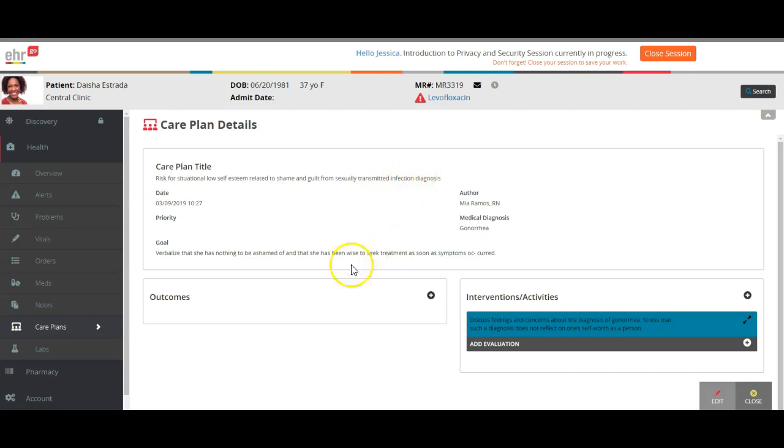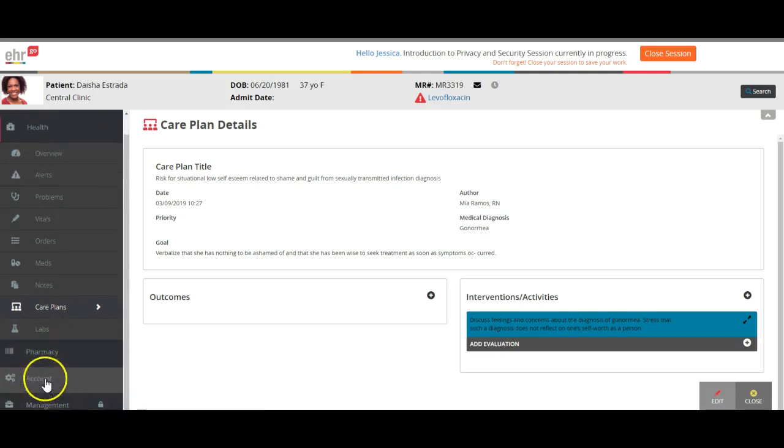So I want to look at something over here with her.